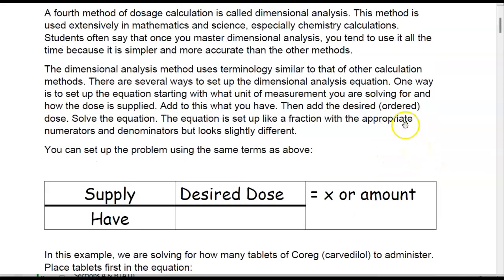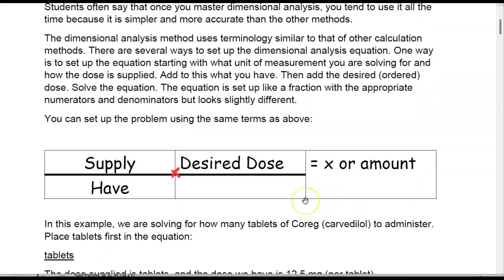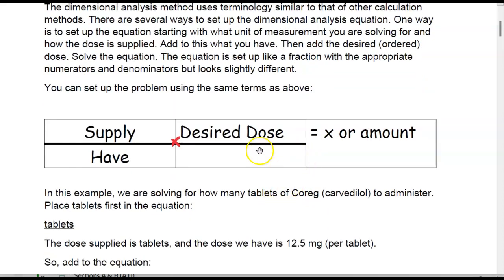So if you set it up as a fraction, you have how it's supplied, what you have, times the desired dose, equals X, the amount that you need. In this example, we are solving for how many tablets of Coreg, or carvedilol, to administer.